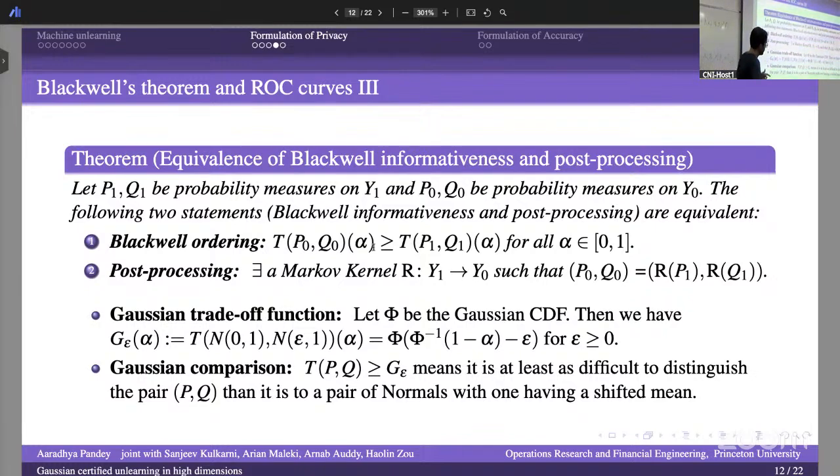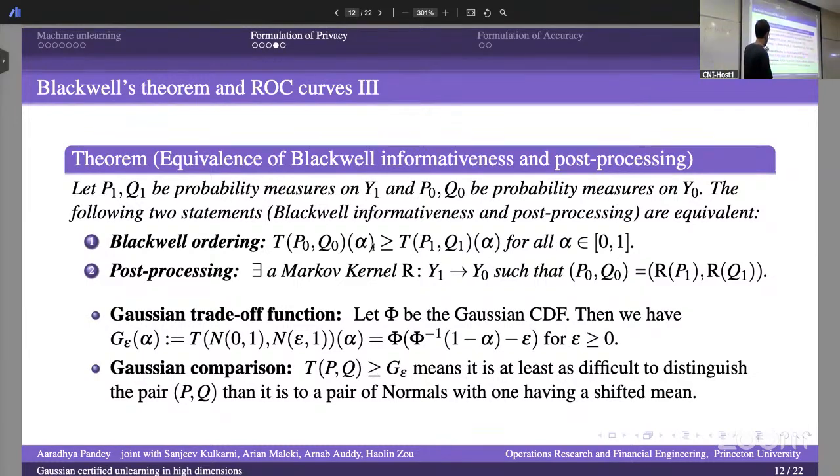The base that we'll choose to compare our two unlearning procedures, the unlearned and the relearned, is the trade-off curve of a normal 0, 1 and a normal epsilon, 1. So I want my procedures to be at least as hard to distinguish as it is to distinguish between a normal 0, 1 and a normal epsilon, 1. So that's the definition that we are going to impose.